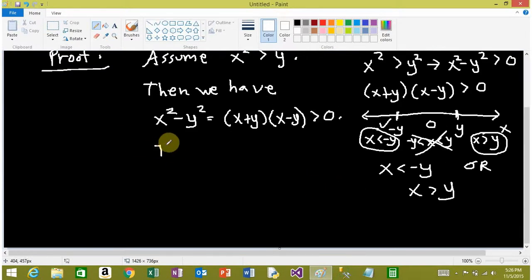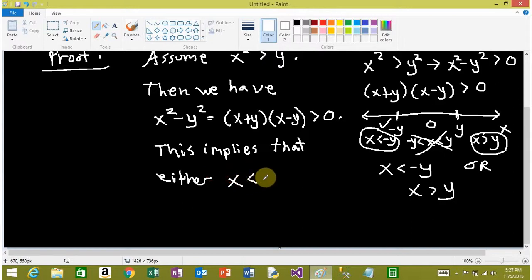So this implies that either x is less than negative y, or x is greater than y.